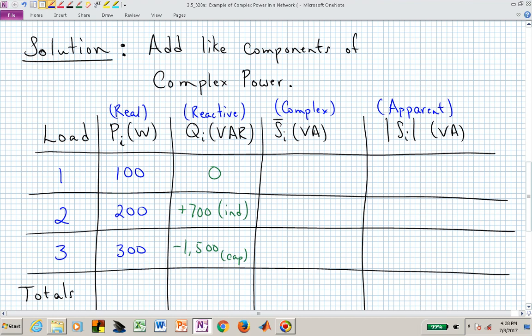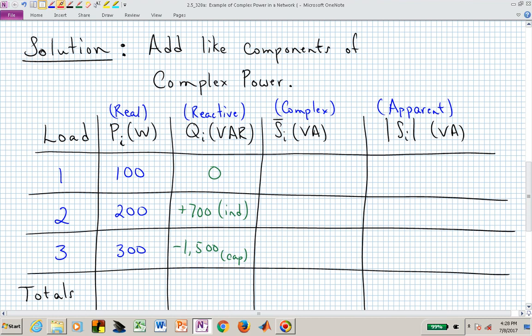You can see that I've put the appropriate sign on those reactive pieces. The inductive load has reactive power of positive 700 for load 2, and in load 3 it's negative because it was capacitive.